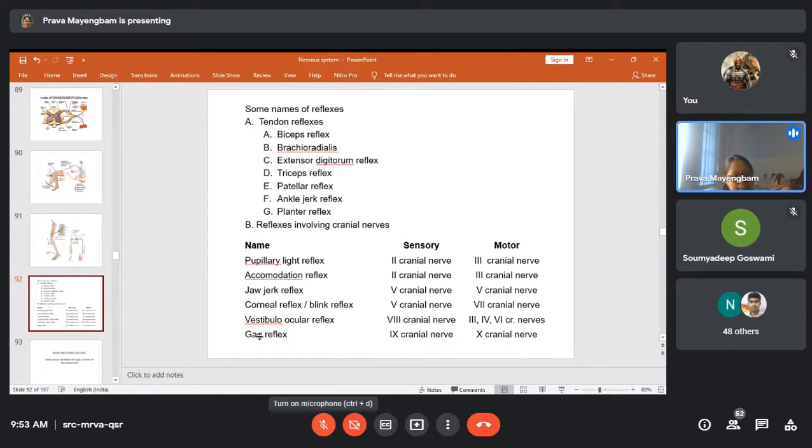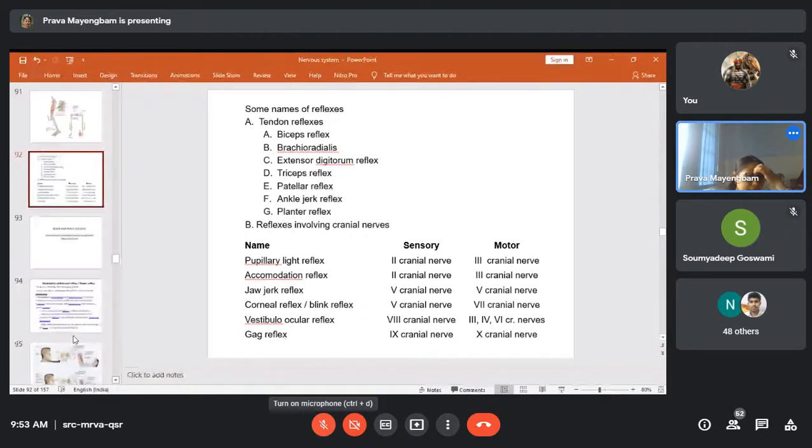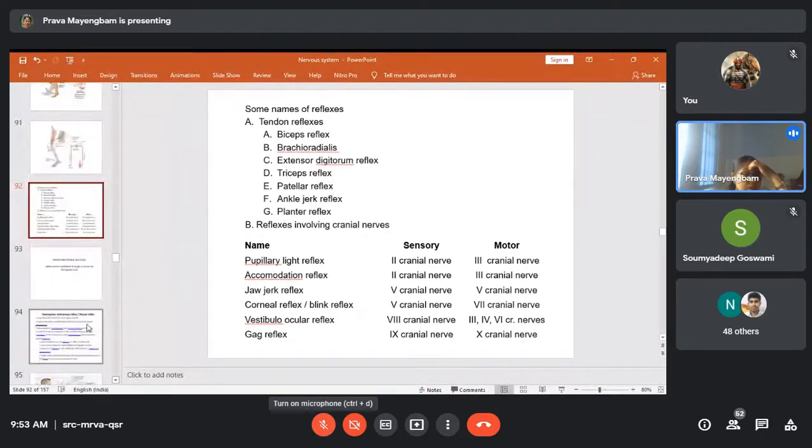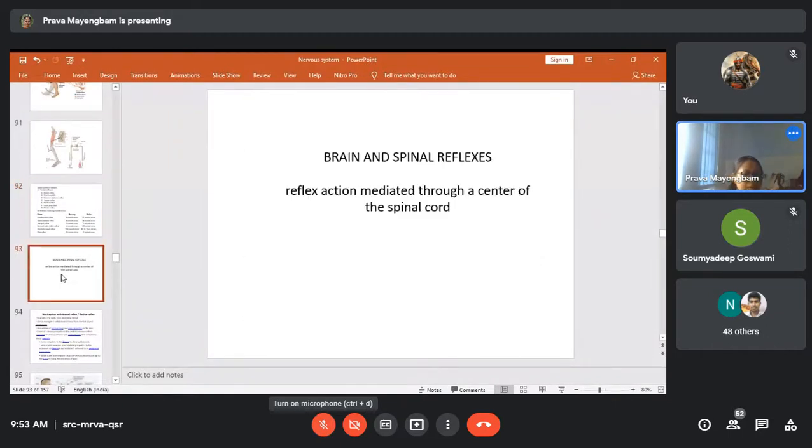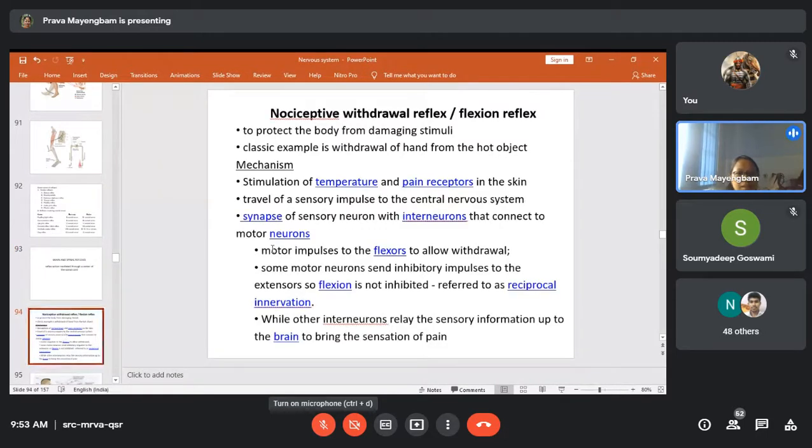Then another is the gag reflex. I will show you this gag reflex in the form of a figure. And some more names of reflexes. One is the nociceptive reflex.